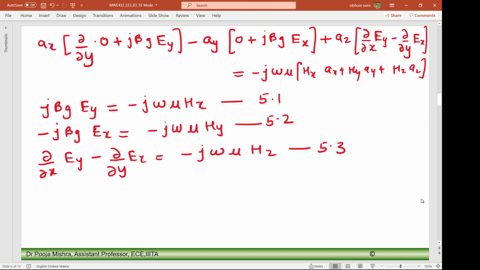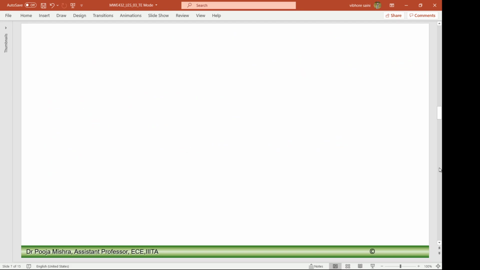Okay. Now we'll solve the second equation. What was that? Del cross H is equal to j omega epsilon E. What will this equation be?